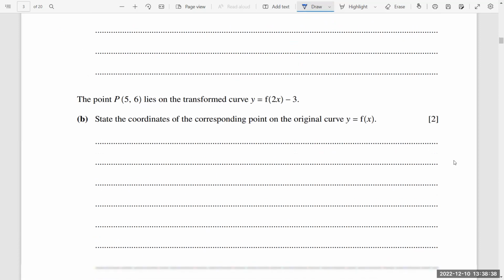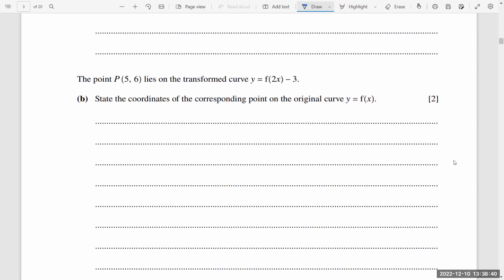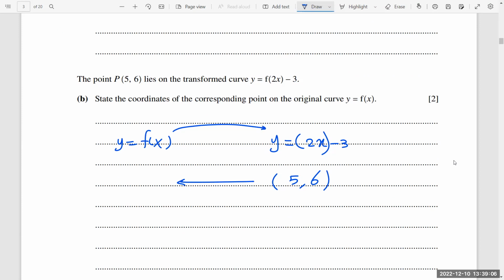Okay. The point 5 and 6 lies on the transformed curve y equals f of 2x minus 3. I want the corresponding point on the function y equals f of x. From this function to this function, the x is multiplied by 2, so divided by 2.